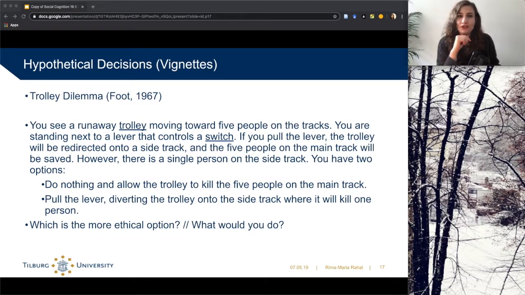Either you do nothing and you allow the trolley to run its course and kill the 5 people on the main track, or you pull the lever and you divert the trolley onto the side track where it will kill 1 person. Now, what is the more ethical option? Or rather, what would you do? This is an example of asking people about a moral situation.